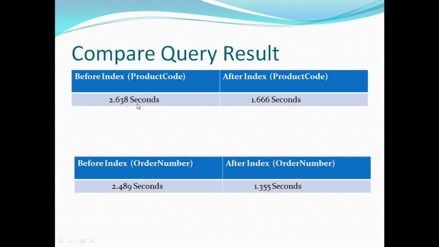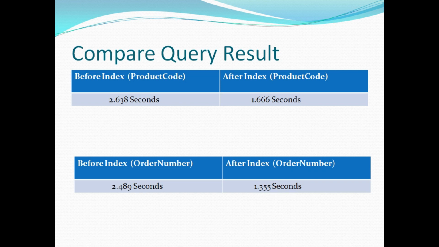And after we apply the index on the product code, if we select the product code from this table again, the time is reduced to 1.66 seconds. And before applying the index on the order number, it takes 2.489 seconds, and after we create an index on the order number, the time is reduced to 1.355 seconds.